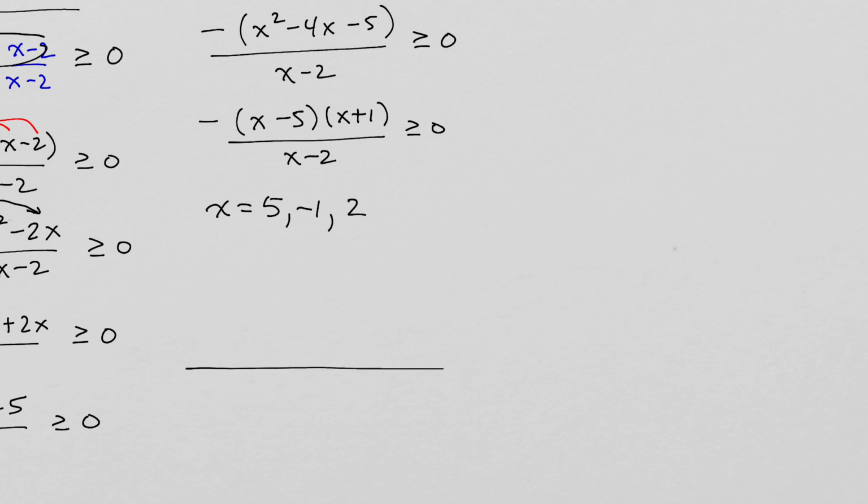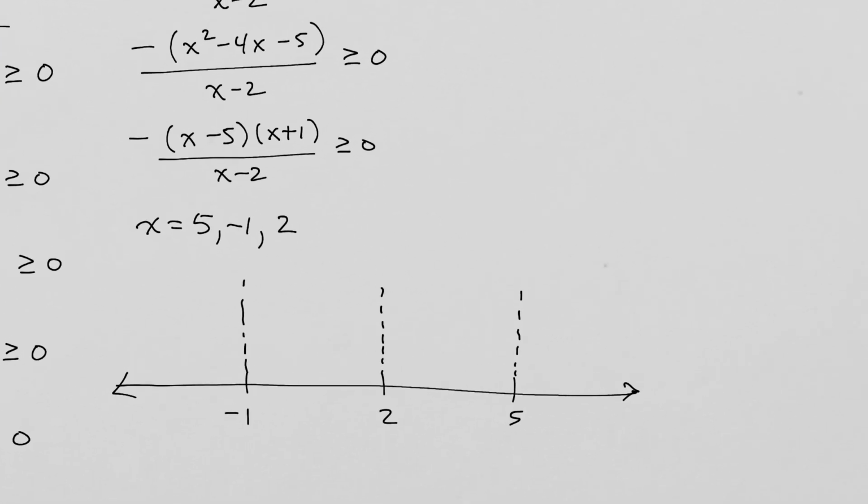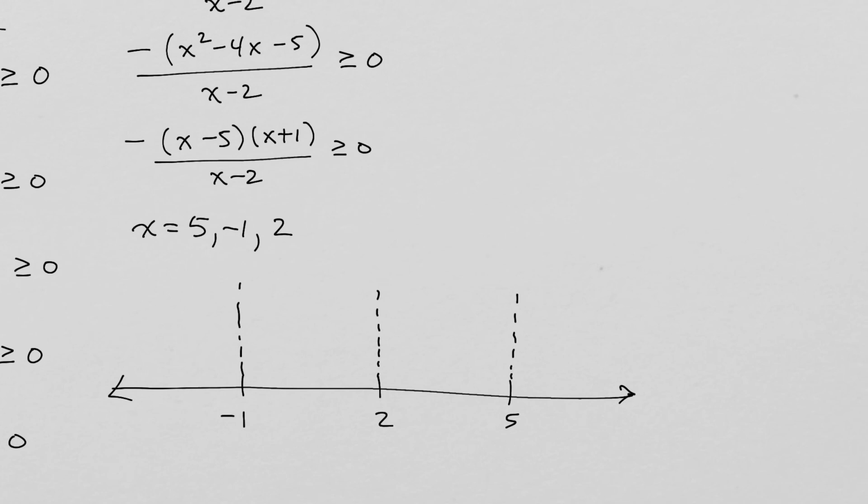And so on my number line, I'm going to put negative 1, and then 2, and then 5. And off to the side, we will put our factors. So we have, in no particular order, x minus 5, x plus 1, and x minus 2.